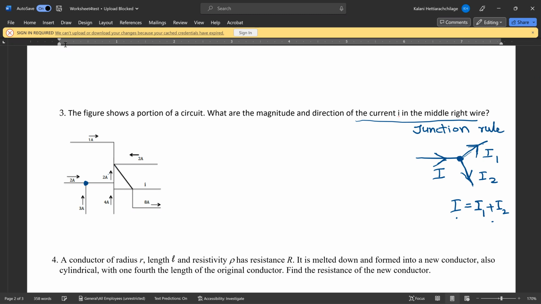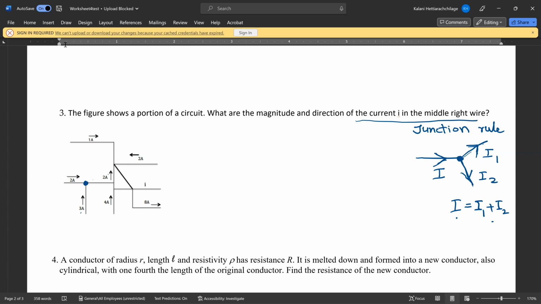Okay, in this junction, you need to understand the junction is here. 3A is coming to the junction, 2A arrow direction, coming to the junction. The wire that I have here shows no current. That means I need to draw the direction of the current and then decide how much it is, right? So 3 plus 2 is 5. 5 is coming in.